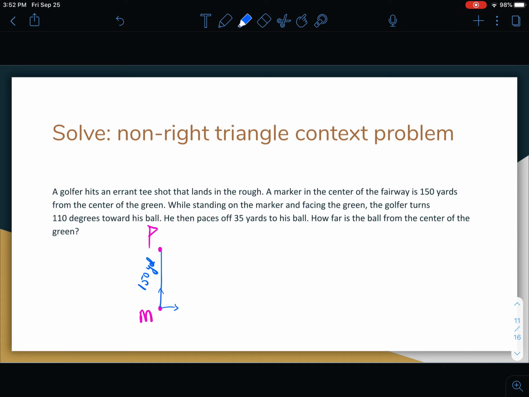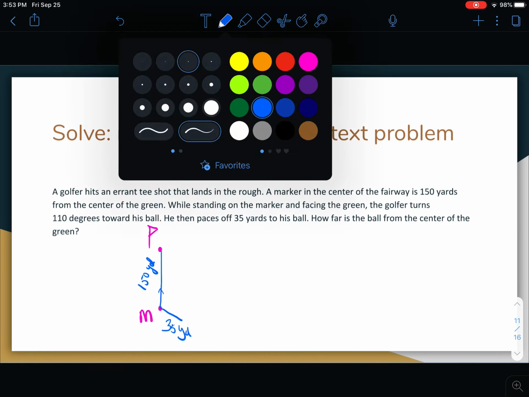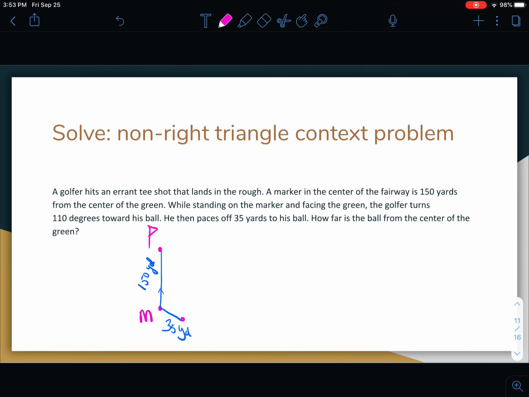We'll say something like this, and it says it was 35 yards. So let's make this a little shorter here. Okay, so we have 35 yards.